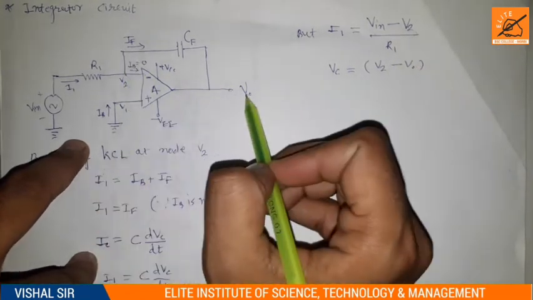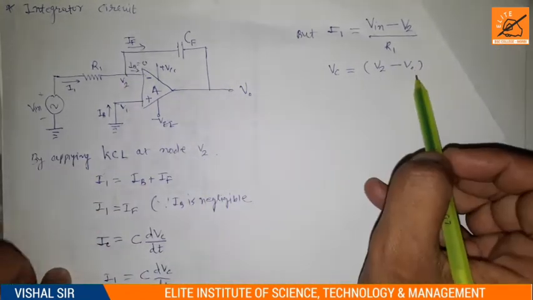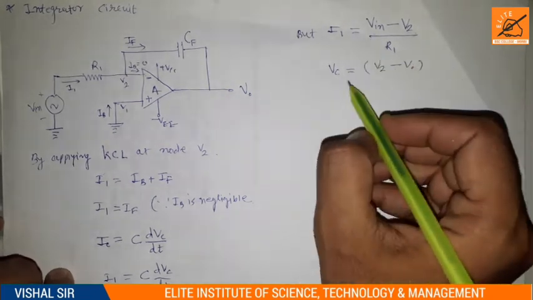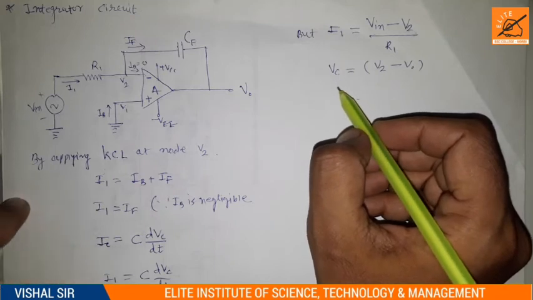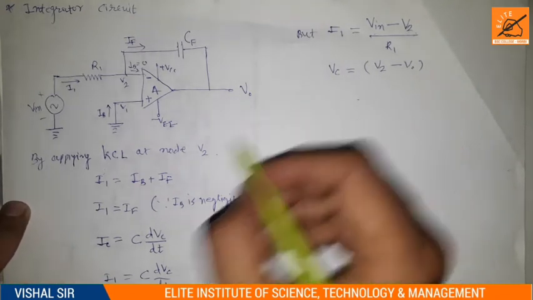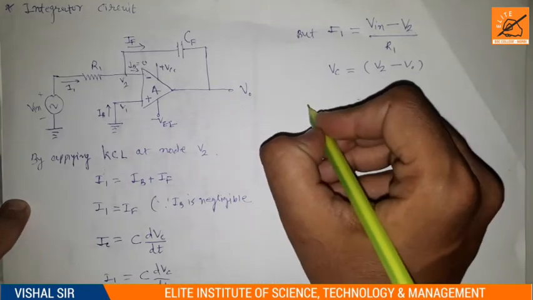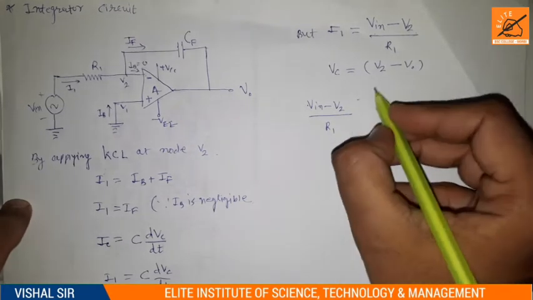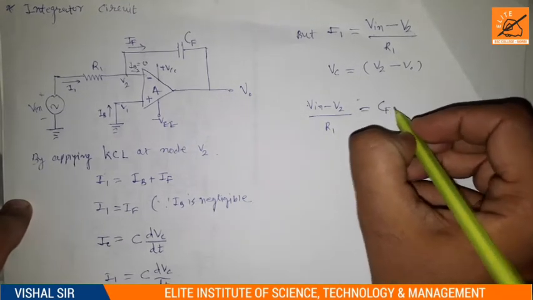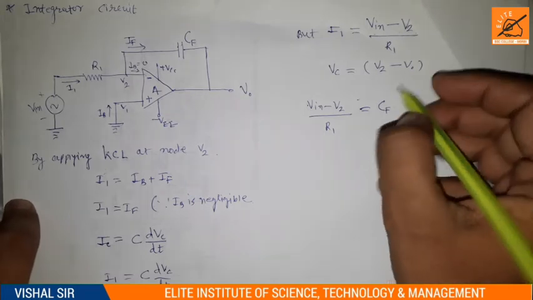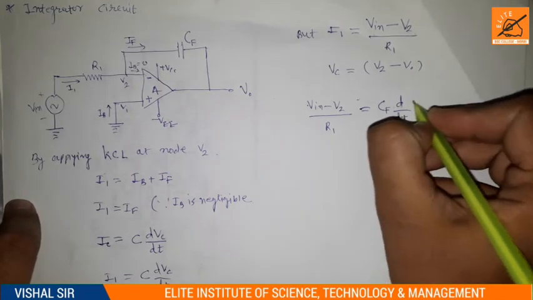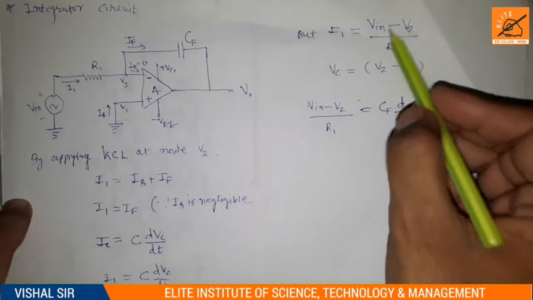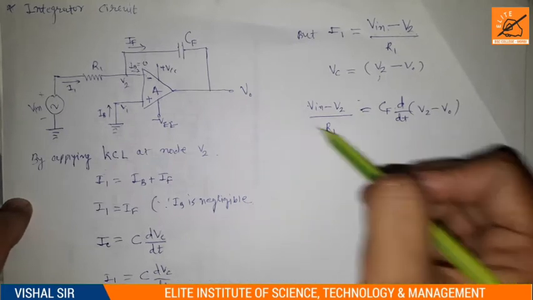Now, substituting these values in this equation, in place of I1 we can write VIN minus V2 upon R1 is equal to CF into d by dt of V2 minus V0.